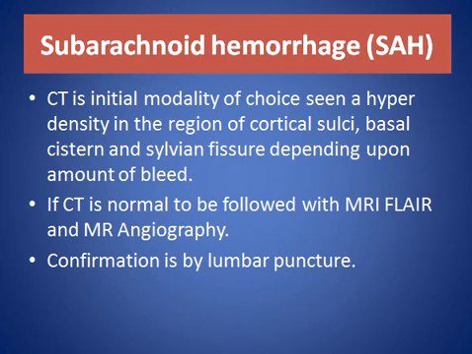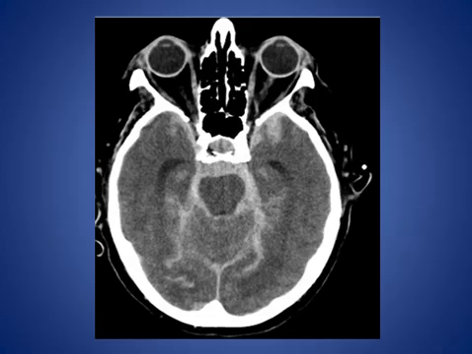CT is the modality of choice, seen as hyperdensity in the region of cortical sulci, basal cistern, and sylvian fissure, depending on the amount of bleeding. If CT is normal, follow with MRI FLAIR and MR angiogram, with confirmation by lumbar puncture.